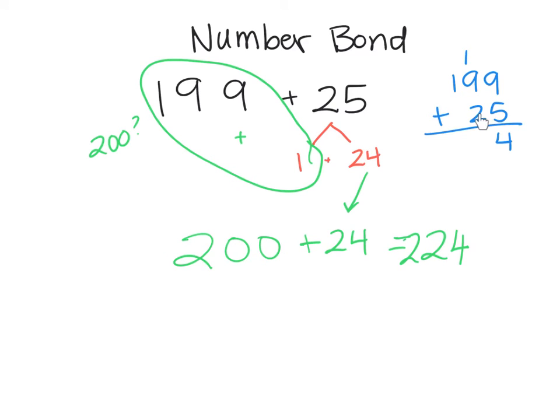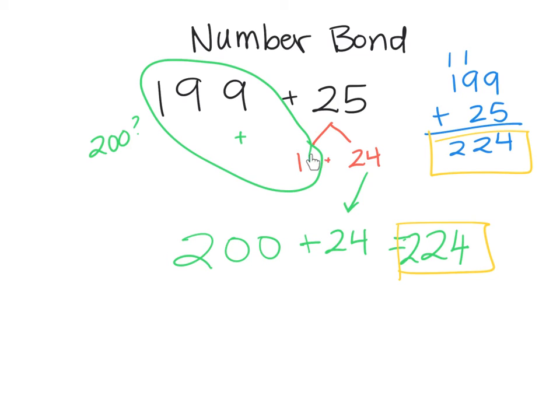Then I have 9 plus 2, which is 11, plus 1 more is 12. So I'd have to put a 2 down below and carry a 1 over. And then I have 1 plus 1 in my hundreds place, which equals 2. So I still have the same answer from both equations. It's just that if I did it in vertical form, I'd have to remember that I have to do some regrouping.